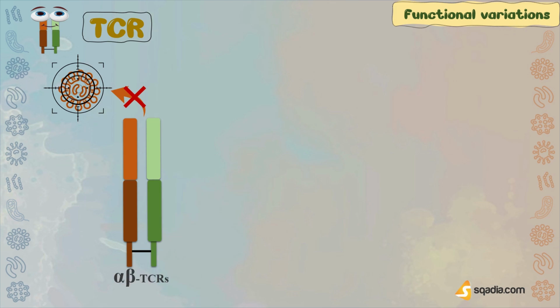So, here we will talk in reference to alpha-beta receptors. So we can say, the majority of TCRs do not recognize antigens directly. But they need a specific intermediate molecule that is called the antigen-MHC complex. And as the name suggests, this complex is made by the union of an antigenic peptide plus an MHC molecule.